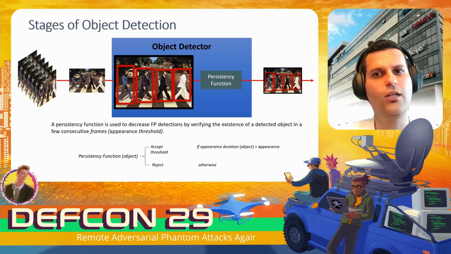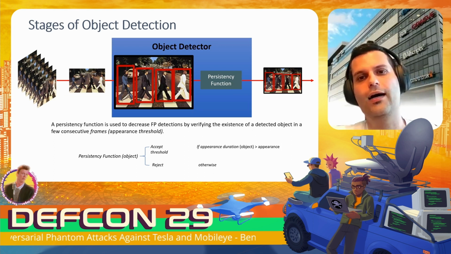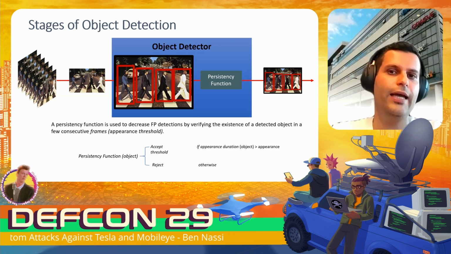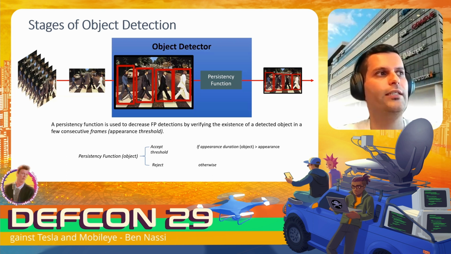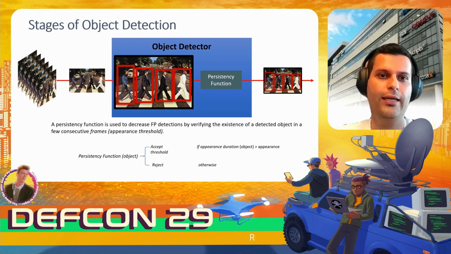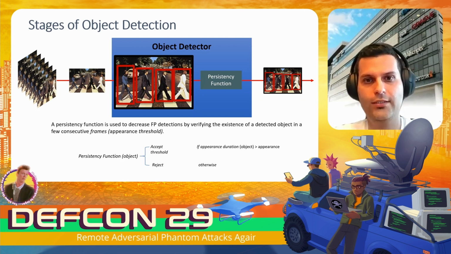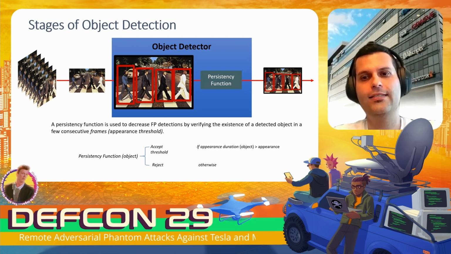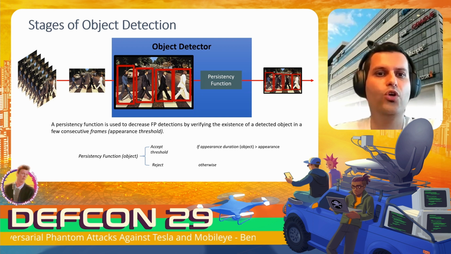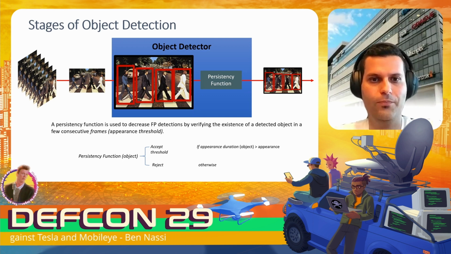However, there is also an additional component, which I call a persistency function. A persistency function is an interesting component that is added to real-time object detectors. It is mainly used to decrease false positive detections by verifying the existence of a detected object in a few consecutive frames, which corresponds to an appearance threshold.